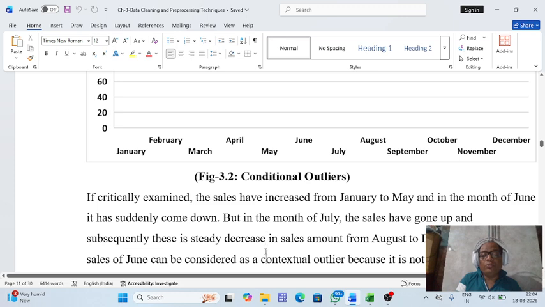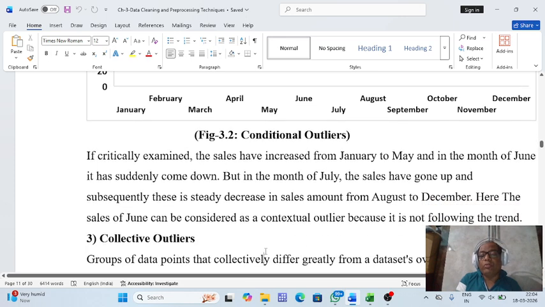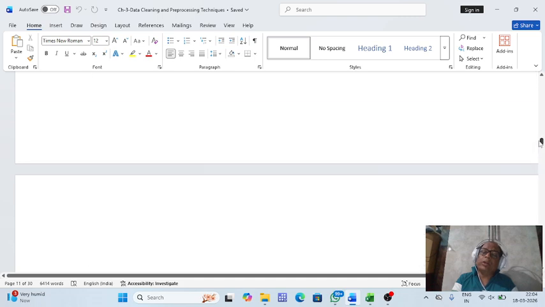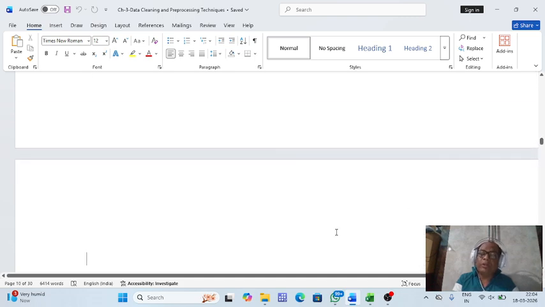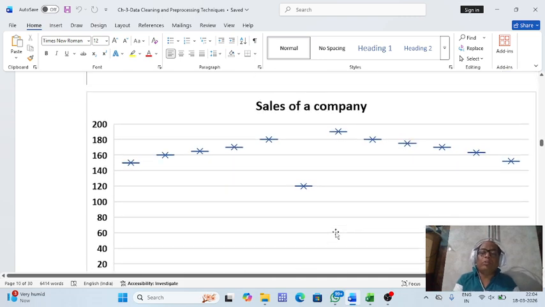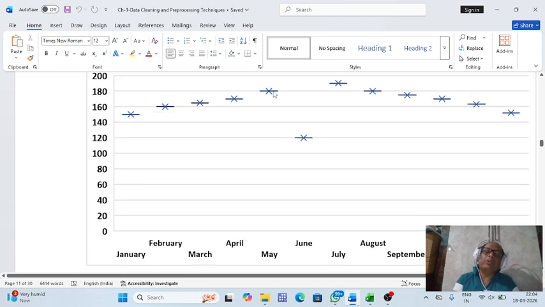Here, the sales of June is a contextual outlier because it is not following the trend, but the value is not significantly that much different from the rest of the values. So yes, because it is not following the trend, it is treated as a contextual outlier.